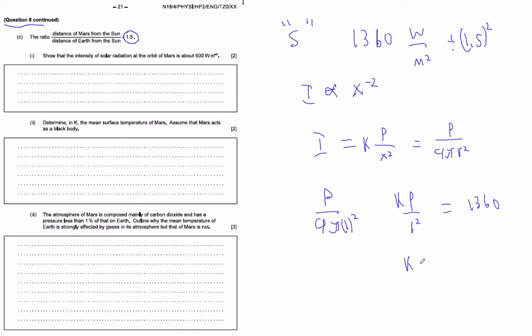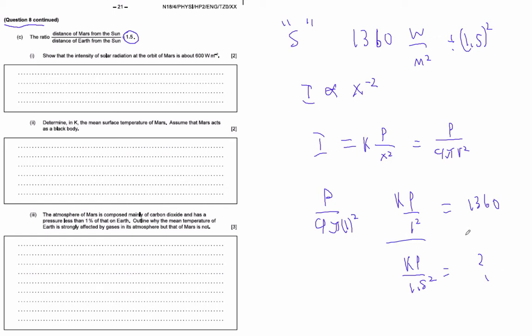The same constant, the same power divided by 1.5 squared equals question mark. I'm just setting up a proportion, making the unit whatever that distance is. So k times the power output of the sun, divided by the distance to the sun squared. For us it's 1360, so the question is, what is this?